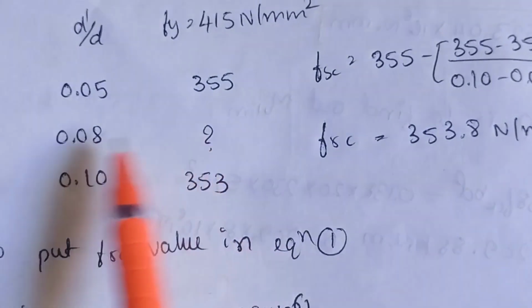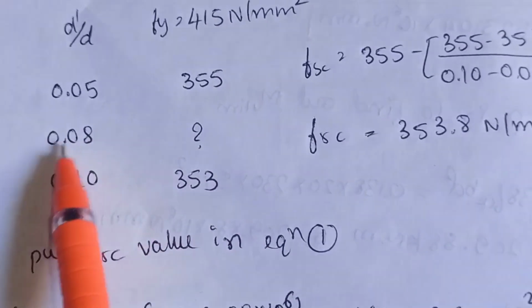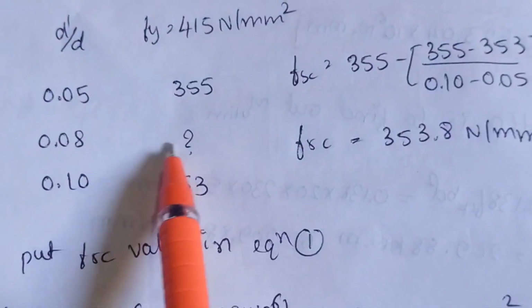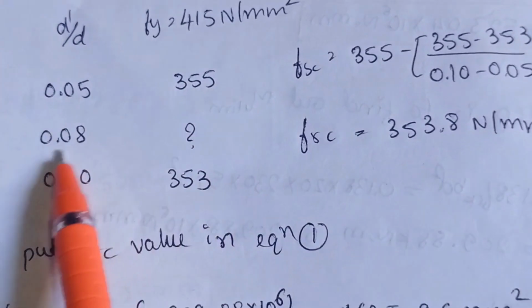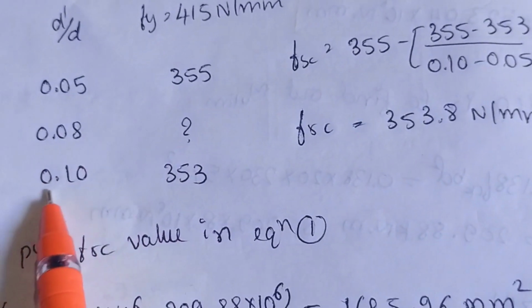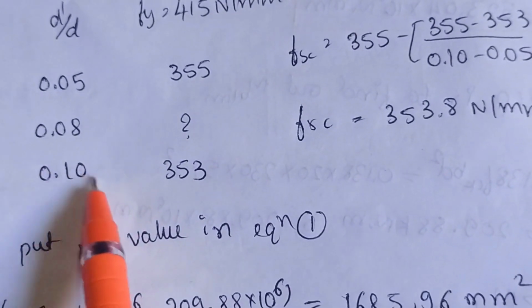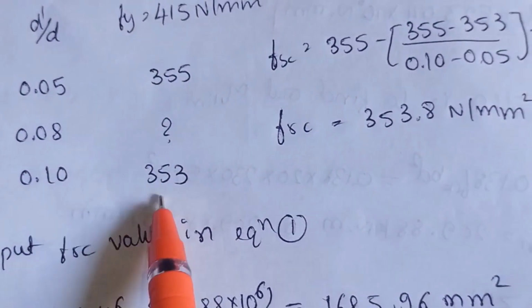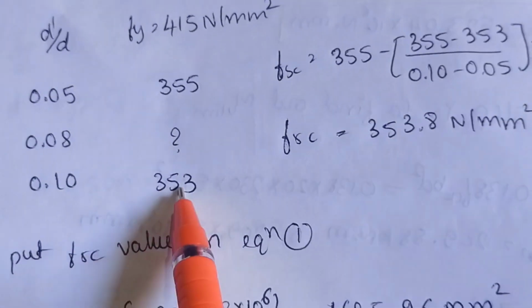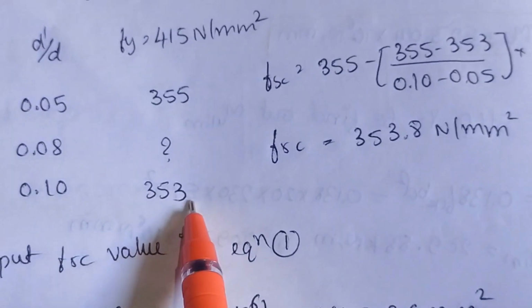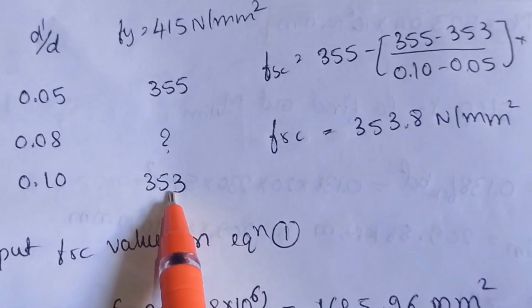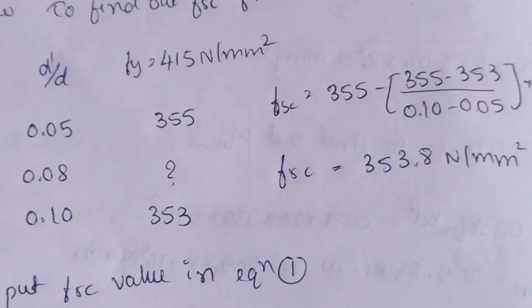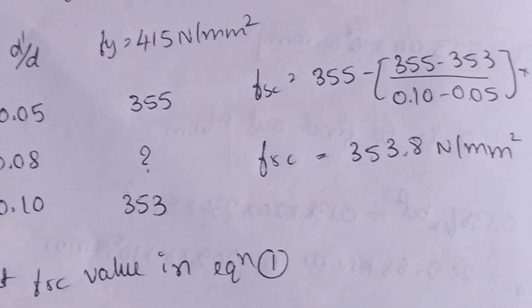Now we need to calculate, what is our FSC value for 0.08? For 0.10 we have the Fy value 353. So now we'll calculate the FSC value for 0.08.